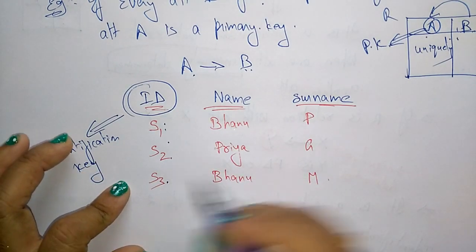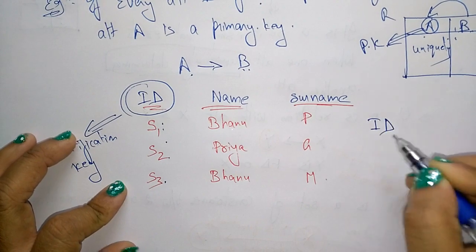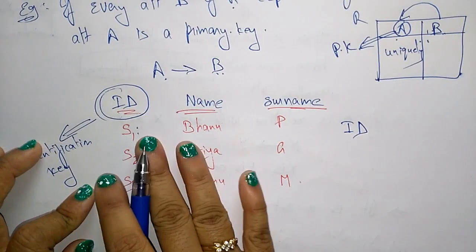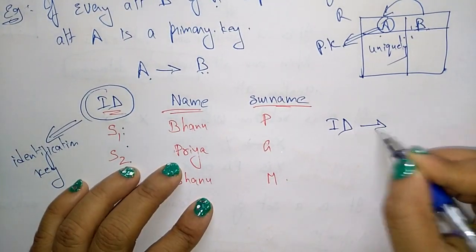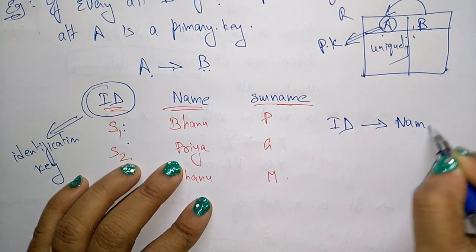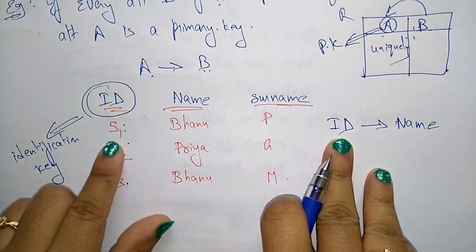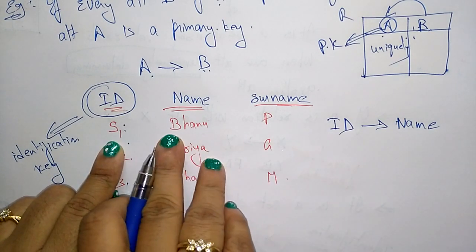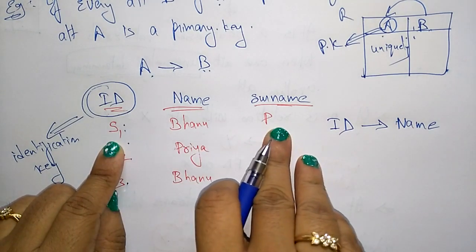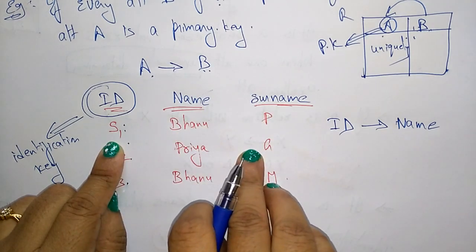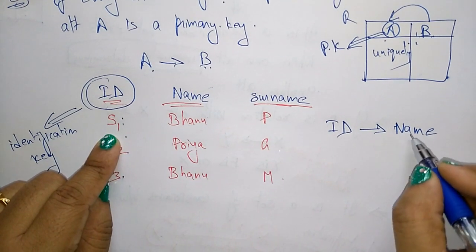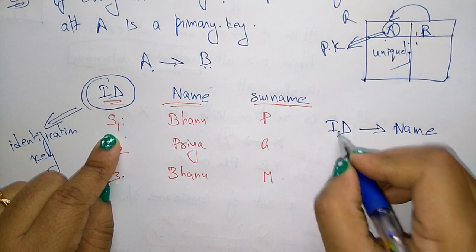Here you get a dependency relation between the attributes ID and name. It means name is functionally dependent on ID. With the help of ID we can retrieve the value of the name and the surname of that particular person. That's why name is functionally dependent on ID.